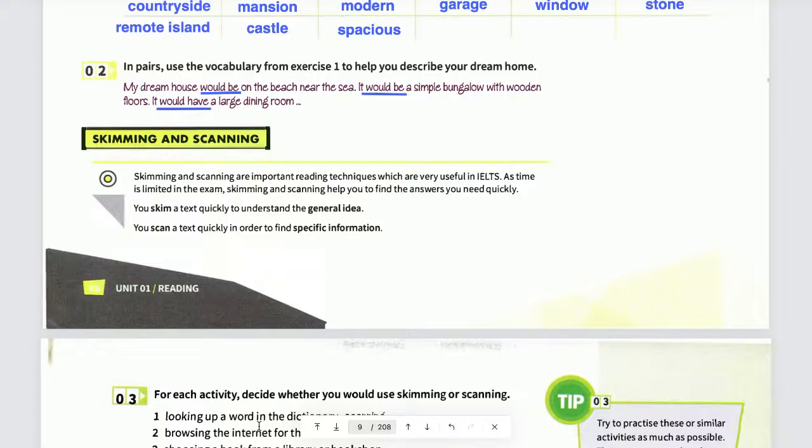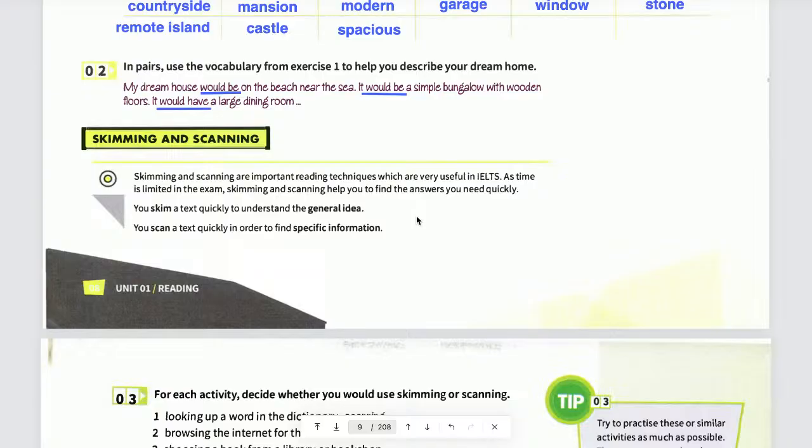Guys, skimming and scanning here, you can read the last two sentences here. They say you skim a text quickly to understand the general idea. That means that you don't know where to find the answer, right? So you need to skim. I mean, you read through everything very quickly to get a general idea, and then you say, oh, okay, here. The answer should be somewhere here, right? Or at least you get the main idea or the general idea of the whole passage or the whole article or something like that. So that means skimming.